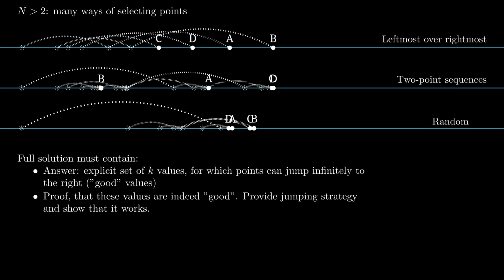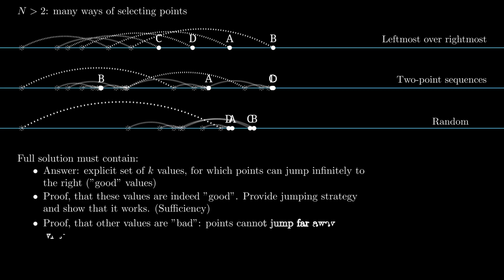Note that if there are many working strategies, it is enough to provide only one of them. This part is called sufficiency. And proof that other values are bad: points cannot jump far away, whatever strategy we use. This part is called necessity.